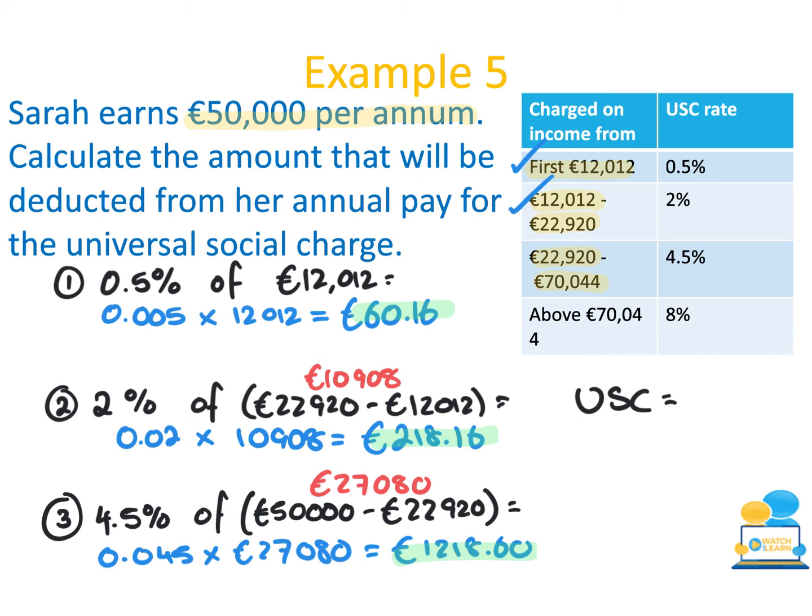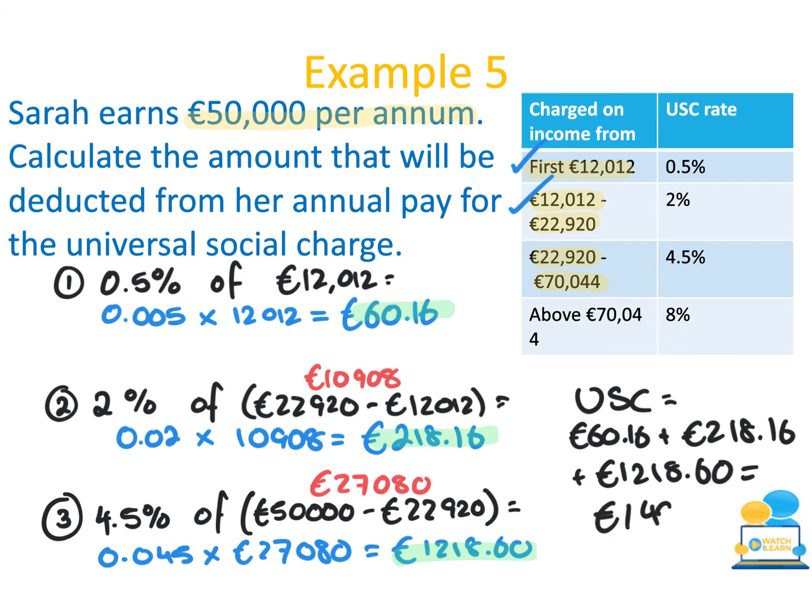So it's going to be €60.16 plus €218.16 plus €1,218.60. And that gives me a grand total of €1,496.92. And that is my final answer. That's the amount of USC that Sarah has to pay on her 50,000 per annum salary.